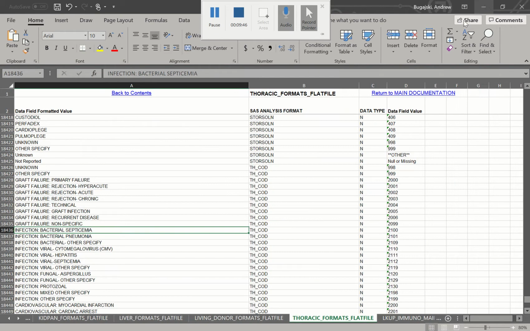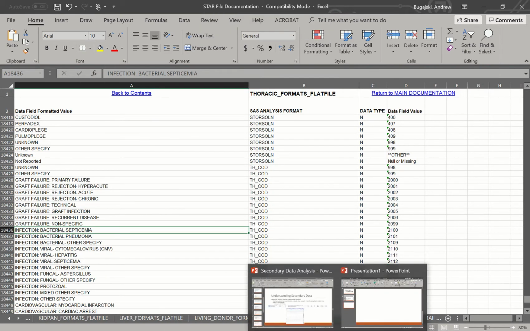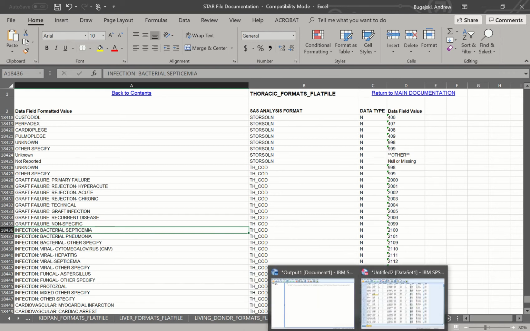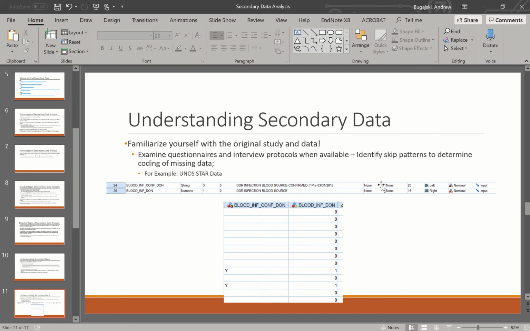At one point in time, the data were collected as just yes or no, pre 2015. So pre-2015, it was: was the blood source confirmed from the donor as an infection? Yes or no? No was left blank. So it was yeses and blanks. So you didn't actually know if it was completed as no's or not done at one point in time. And here they switched to coding it. So here you can see it's zeros and ones.